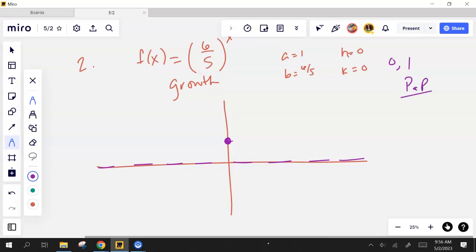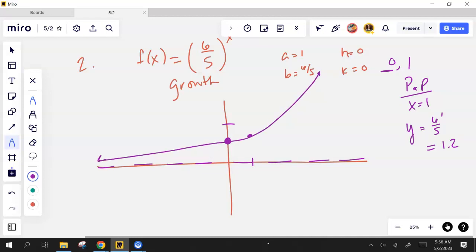I'm going to stay close to the x on the first point, so maybe I pick 1. If I plug in 1, I get 6/5 to the first, which is 1.2. So it goes up a little bit right here, and I can kind of tell what's happening. Terrible rendition, but it's okay.